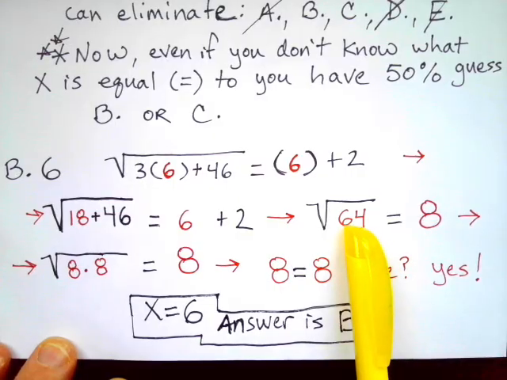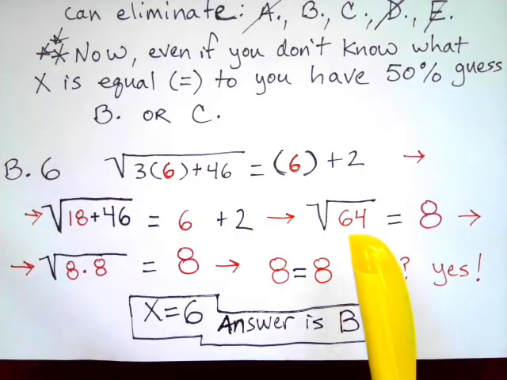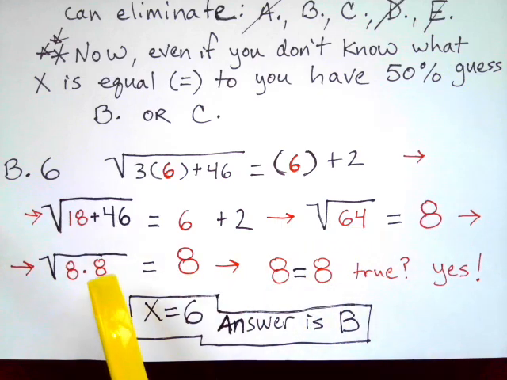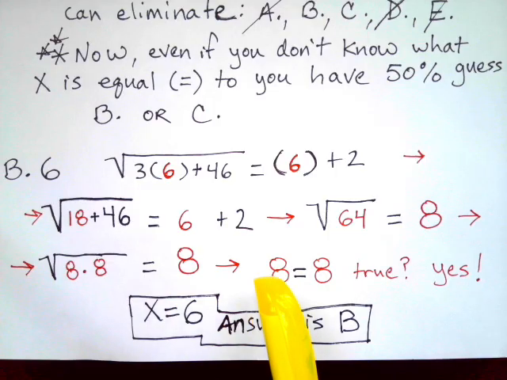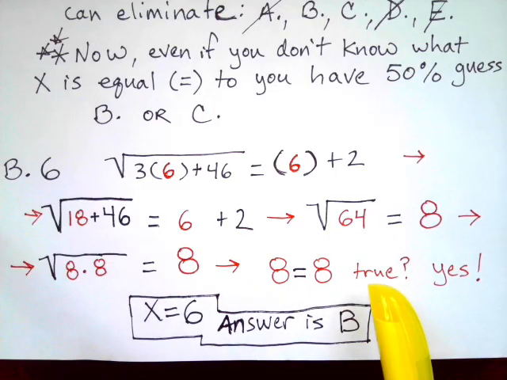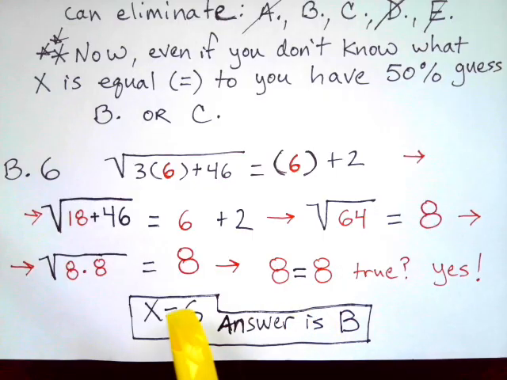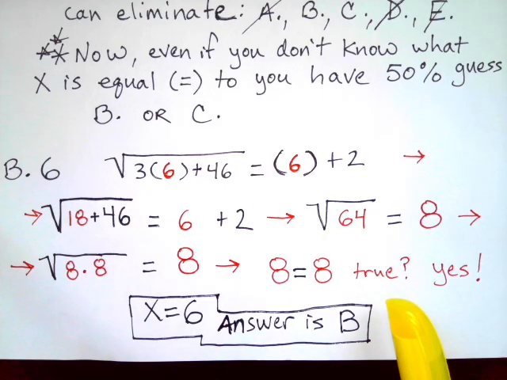I know 64 is a perfect square. 8 times 8 is 64. So I've got two 8s. Pull out one value inside a square root. 8 equals 8. Is that true? Yes. x equals 6 has got to be the answer for this particular problem.